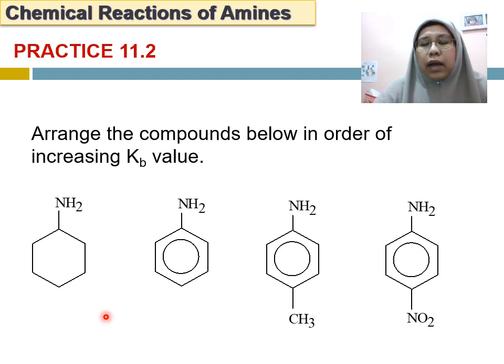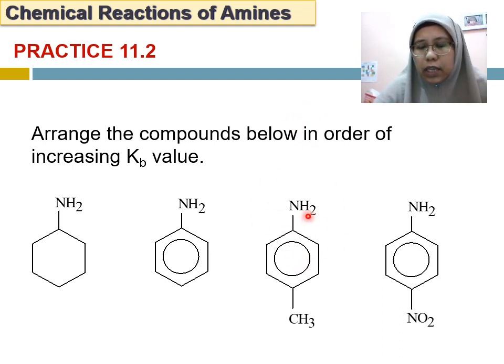Okay. After that, increasing basicity would be aniline. Aniline would be number 2. And then after that, we have an EDG, electron donating group, a methyl group attached to aniline, because the methyl group will donate its electron into the benzene ring so that the electron at the nitrogen would be available to be bonded with hydrogen from outside.